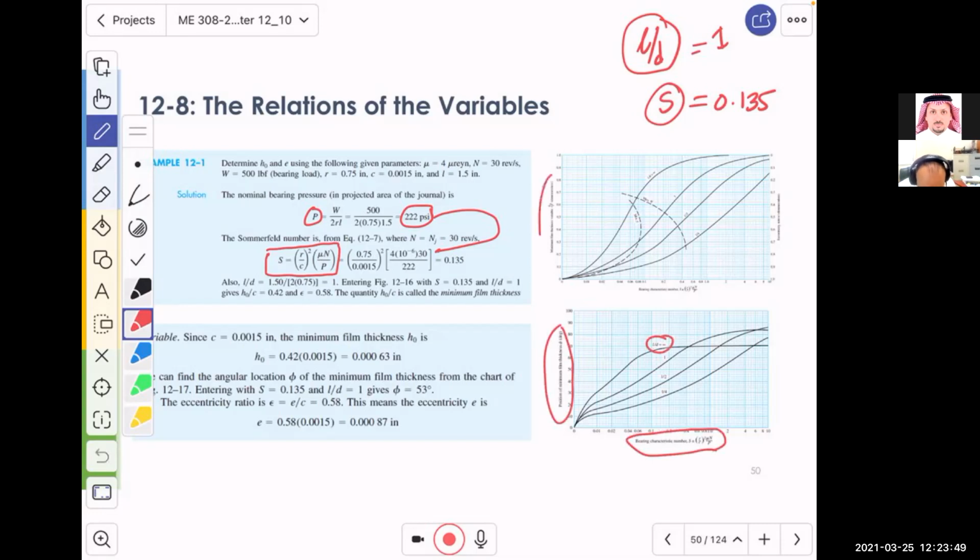We can see that we have H0 over C, and in here we have epsilon. From these values, you can find the status or the condition or the measurement of the bearing.